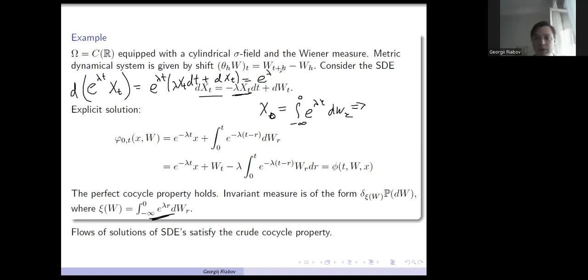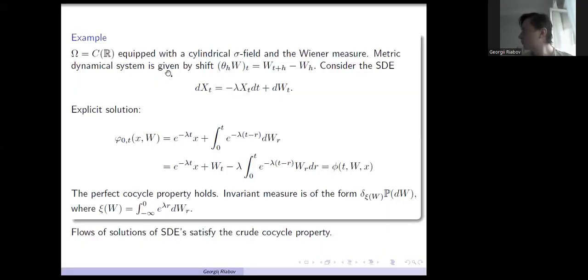So if you compute the differential of exponent lambda t X_t, you will get e^(lambda t) dW_t.